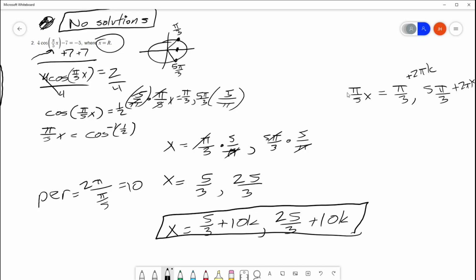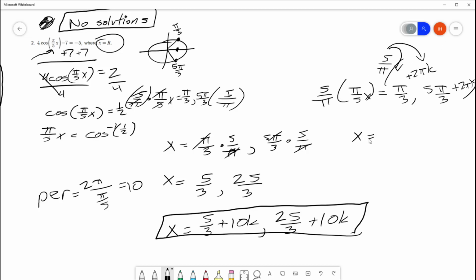And then I could multiply both sides by 5 over pi. The problem with doing it this way is that it's a little bit more complicated, honestly, because now I have to multiply 5 over pi to both of these terms here. But you'll see that it actually will give you the same answer.